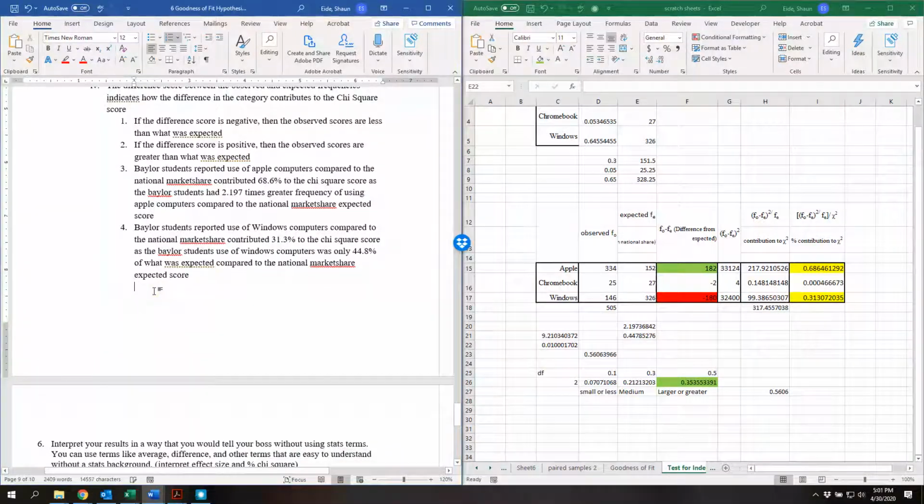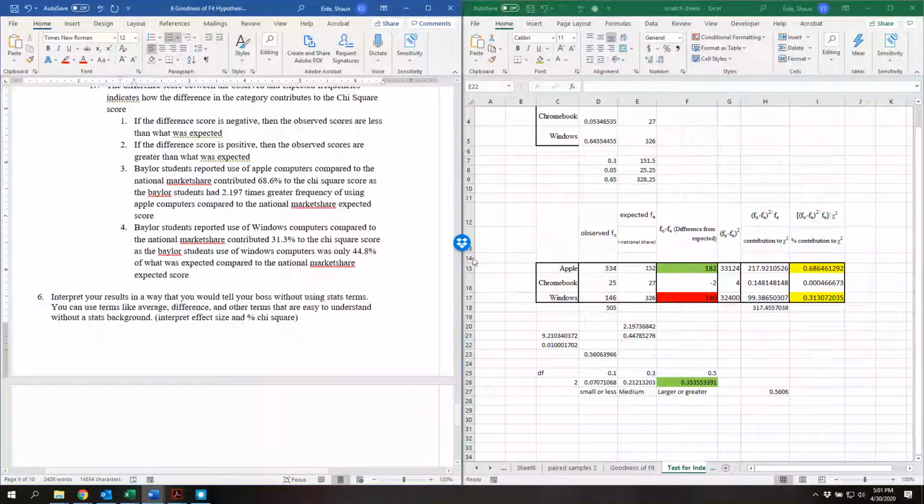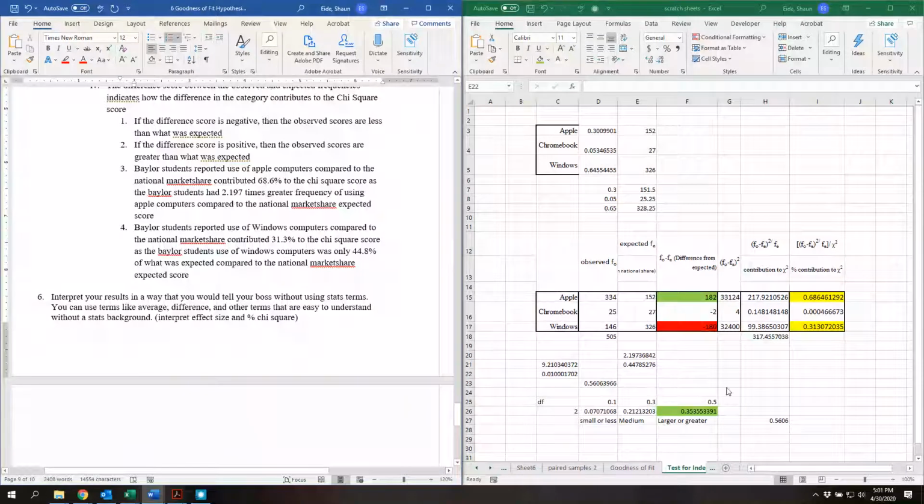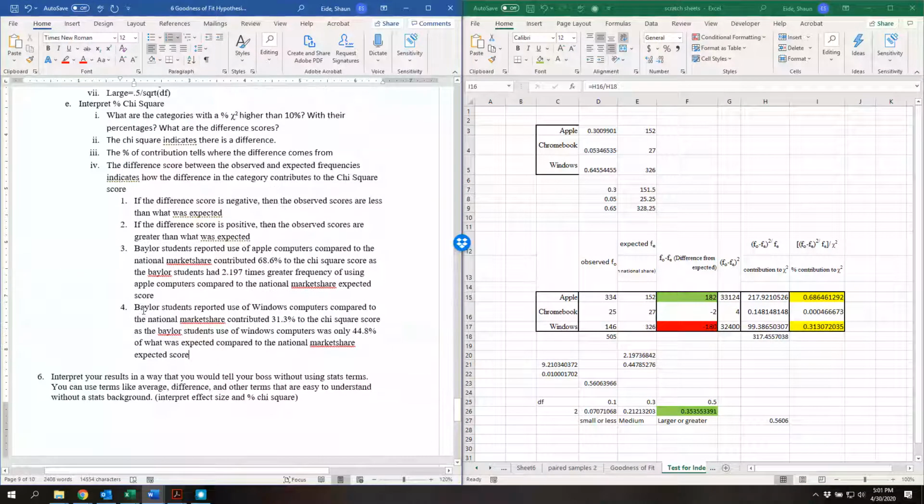And so that's why using chi-squared for this is so important. It not only tells you that it's different, and using the percent chi-squared scores tells you where it's different. And frankly, there's really no point in doing number 6, and the reason why is because I just did number 6. So I'm just going to copy this.